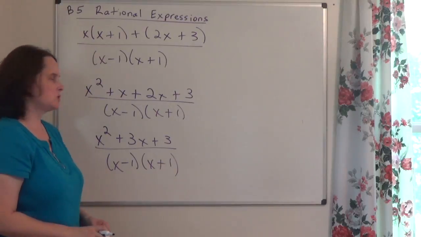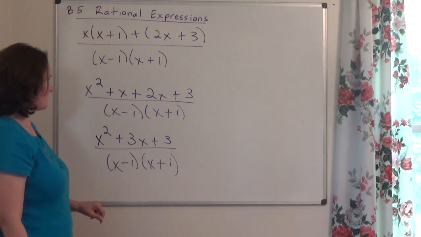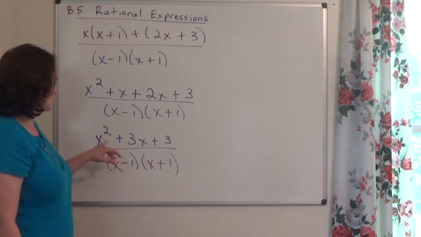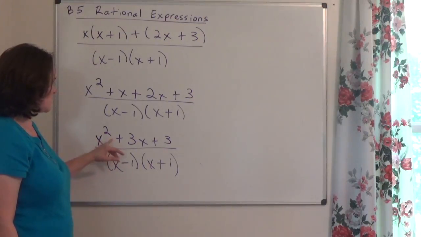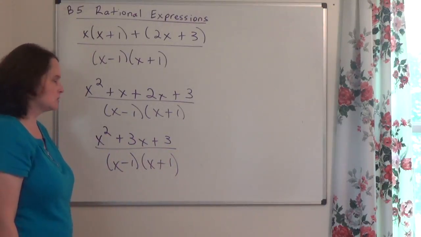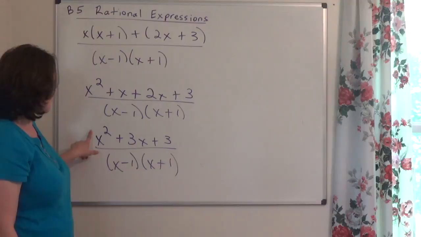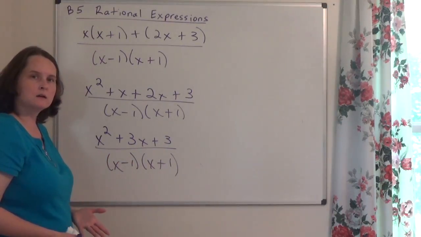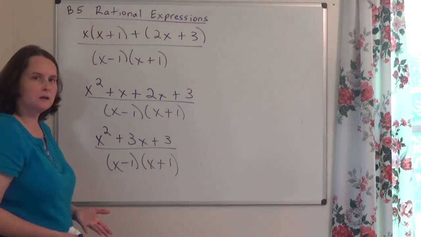You always need to think about possibly being able to reduce your answer at the end. Look at the trinomial x squared plus 3x plus 3. Is there any way that we might be able to get that to factor? You've got your a is 1, your c is 3, so you need factors of 3. Well, that would just be 1 and 3.